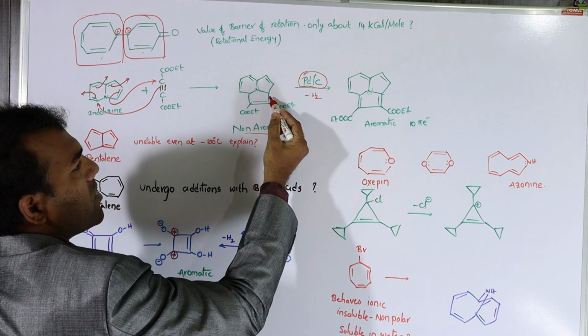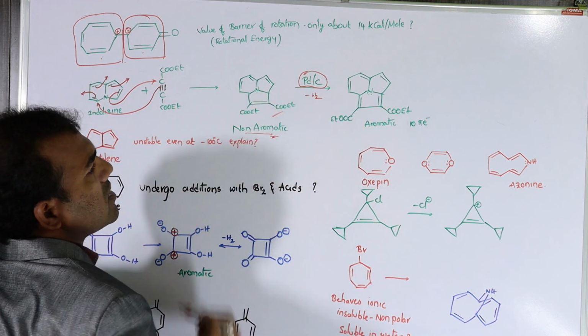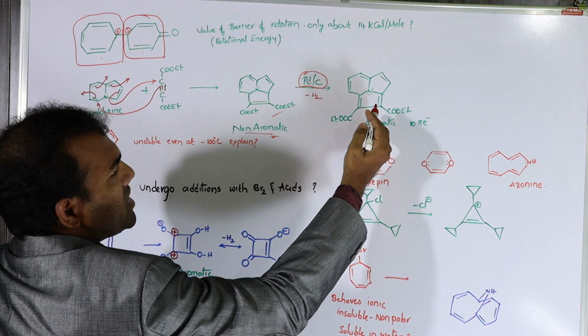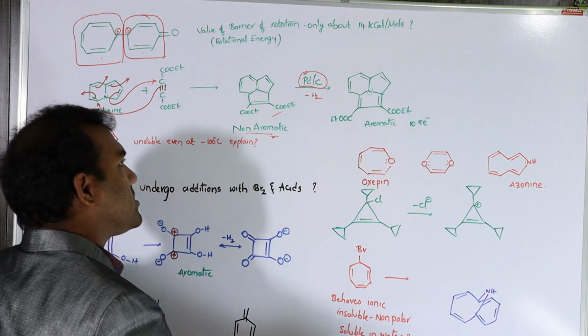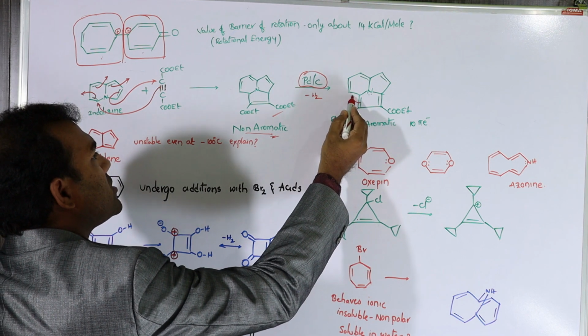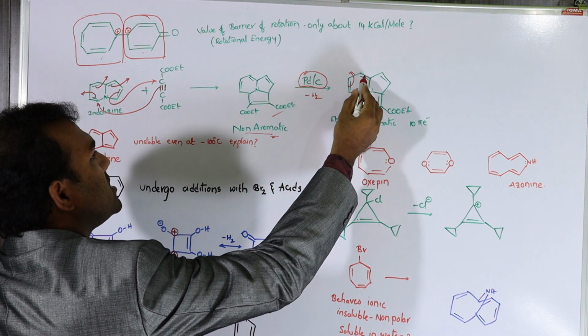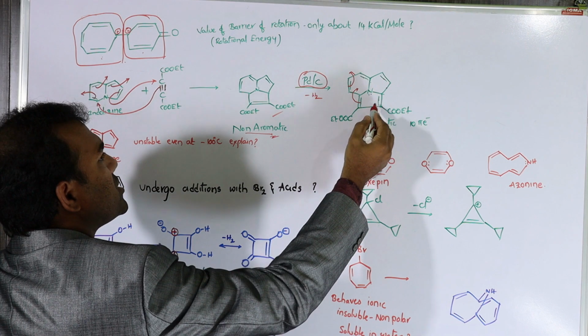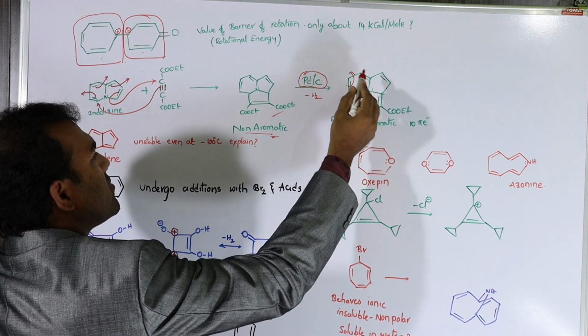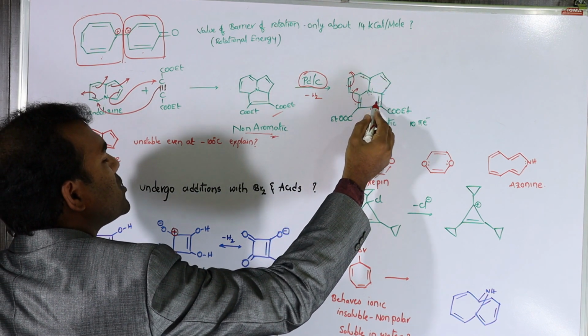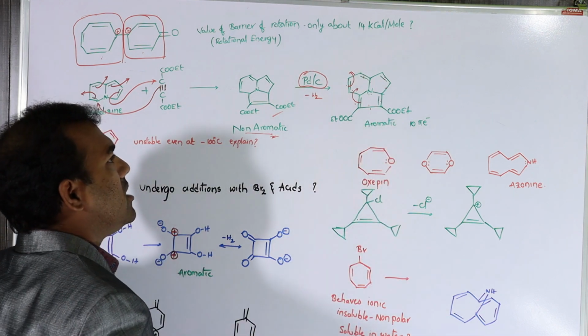Here one double bond, here one double bond, two double bonds are forming here. This one is an aromatic compound because there is a conjugation of double bonds throughout the compound, and also there is a huge possibility of delocalization of pi electrons.